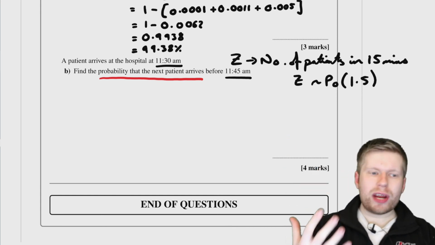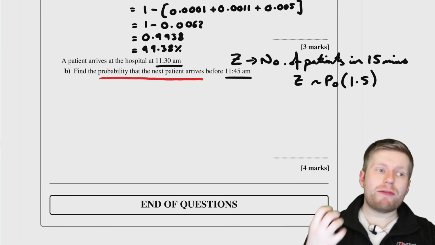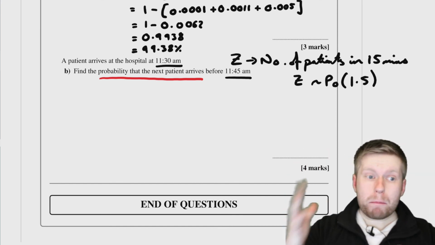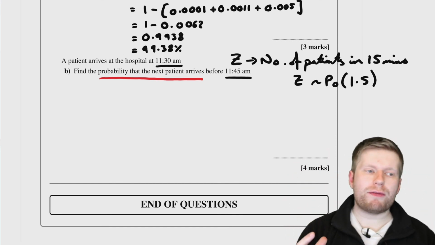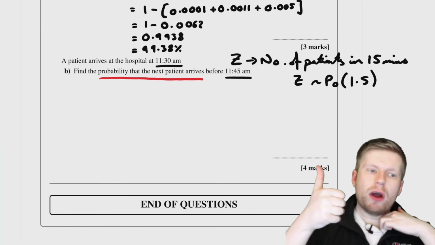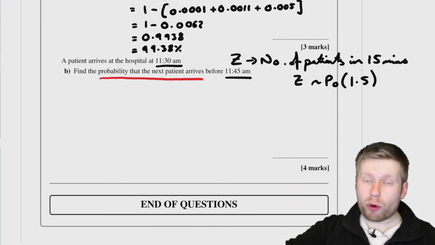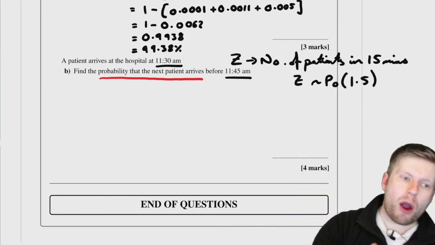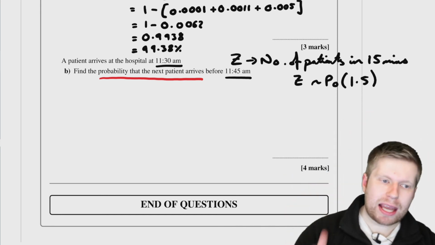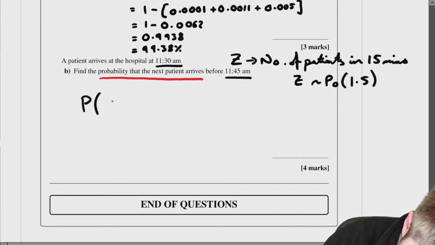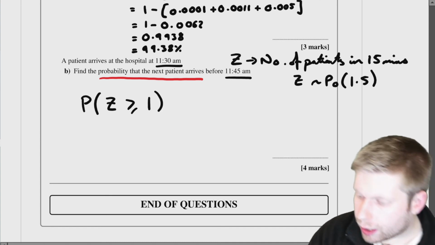Because all we're interested in is just the next patient arriving before 11:45. So as long as there's at least one patient arriving before 11:45, we're golden. We don't care about whether there's 2 or 3 or 4 or 5, that's all great. All we care about is that there's at least one patient. So what we're actually looking for here is, what is the probability that z is greater than or equal to 1?